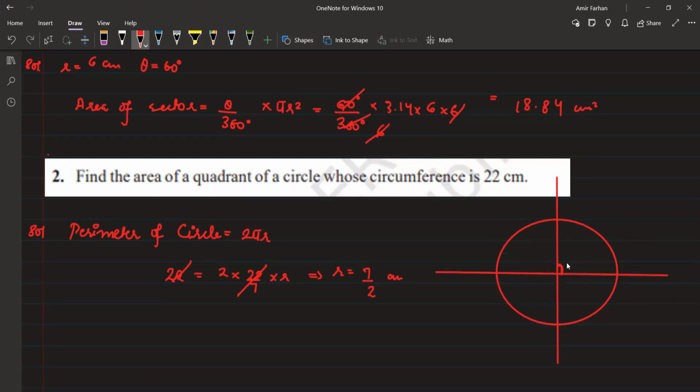This sector will be 90 degrees. Yes or no? Yes. Any doubt? No. So now calculate the sector area. I've given you the hint.